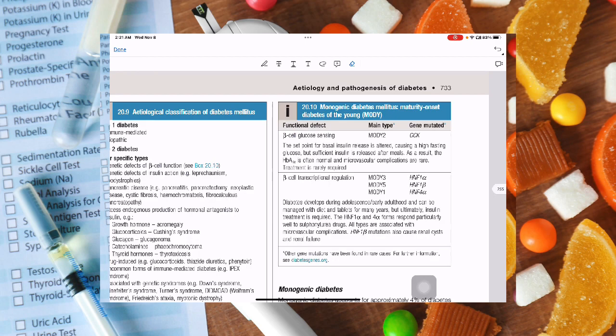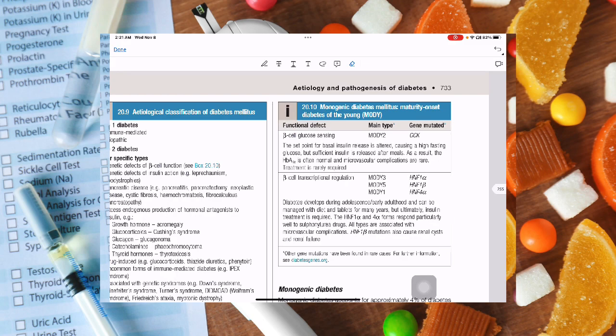They respond very well to oral treatment. Sometimes they don't require any treatment, like maturity onset diabetes mellitus of the young type 2, where there is a mutation of the GCK, and here the fasting blood glucose level is always high, but hemoglobin A1C and postprandial glucose are normal and microvascular complications are rare. So they don't require any treatment.